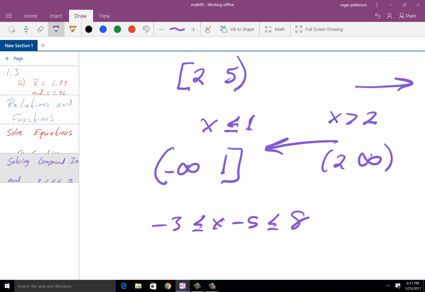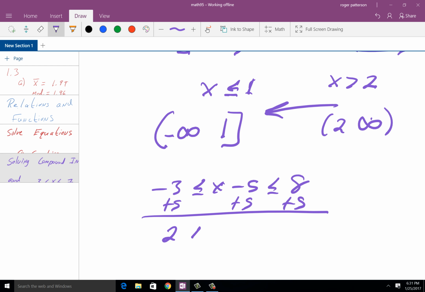Now this one is an and, because x minus 5 has to be greater than or equal to -3 and less than or equal to 8. So the and kind of comes out on that. And all we have to do here is just add 5 to the whole thing.